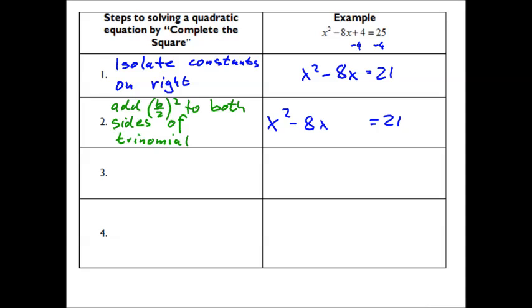What is half of 8, or half of negative 8 to be precise, is negative 4. Square that, we get positive 16. So we are going to add 16 to both sides.